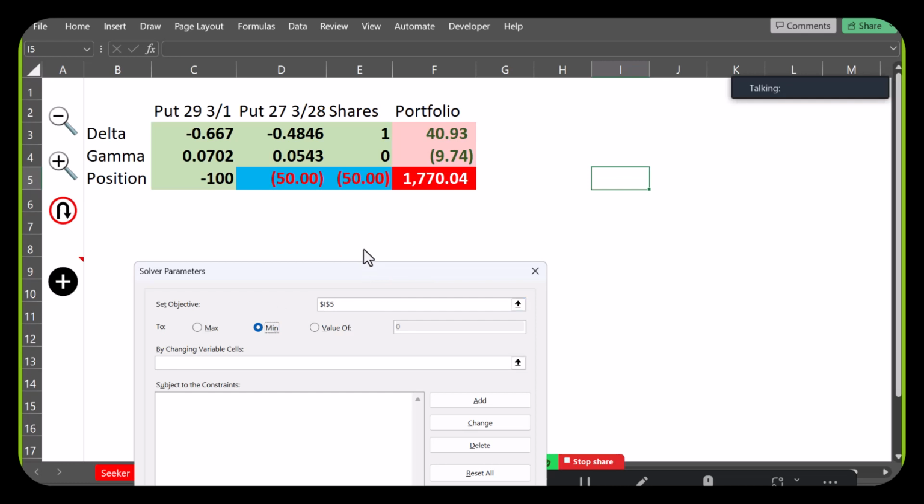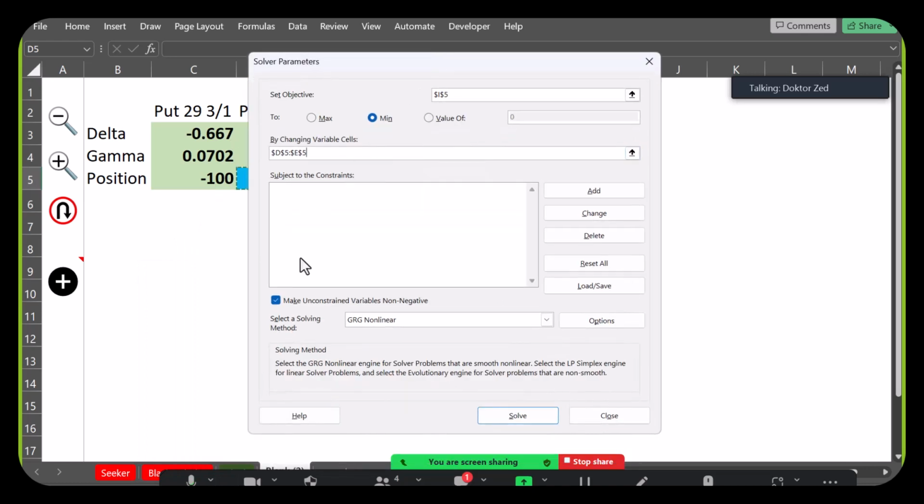Because if both delta and gamma are 0, since those are squares of that, that cell is going to be exactly 0. And by doing what? By changing these two things. I don't want to make them non-negative. That's what Excel does by default. They could be negative. And I have no other restrictions. Hit solve.